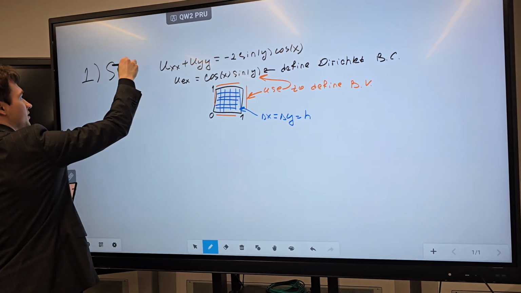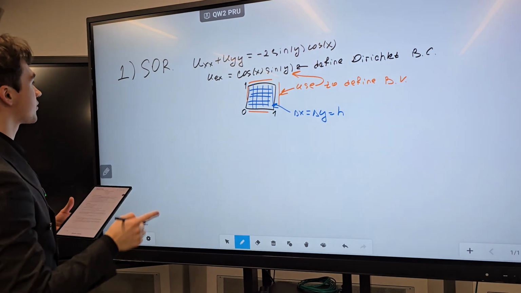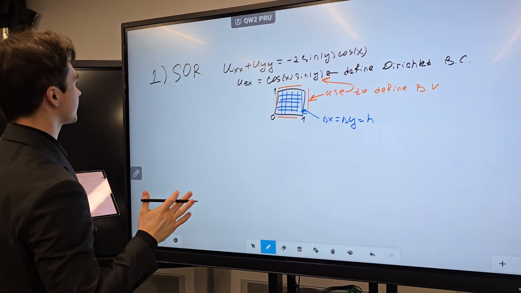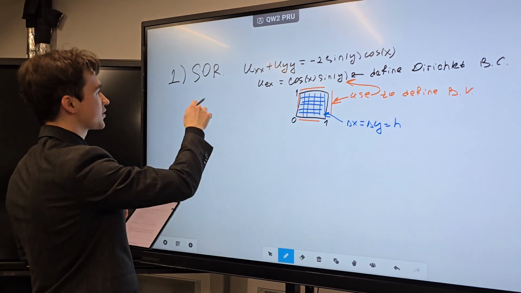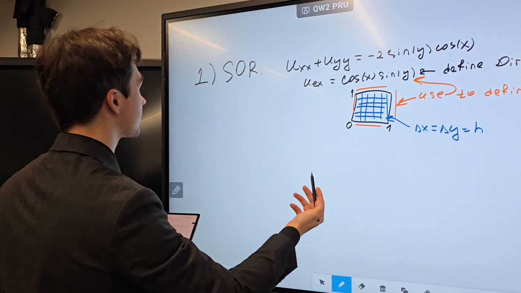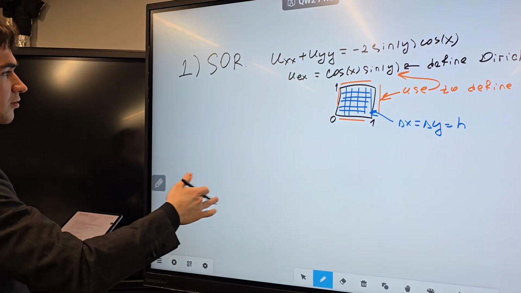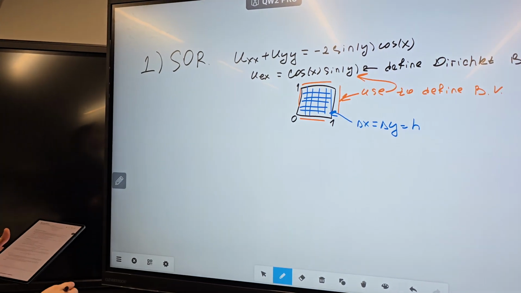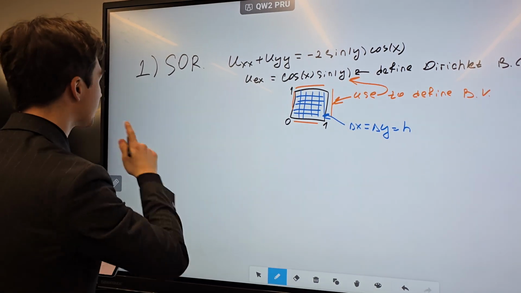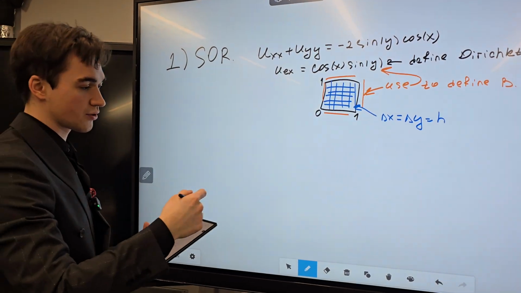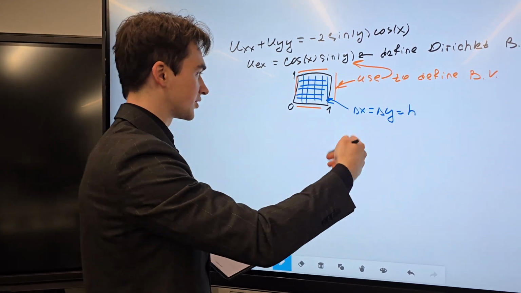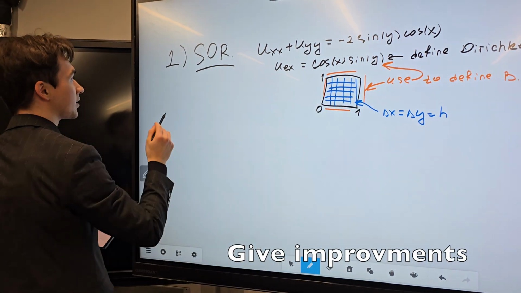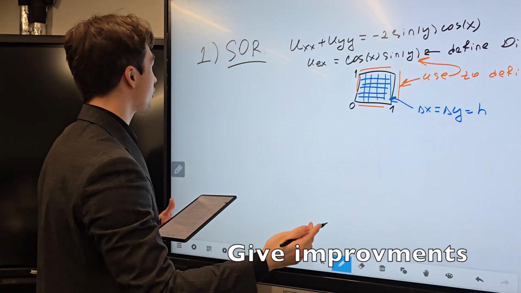Actually, the SOR method is quite obvious. It's not logical to use the Jacobi method with SOR because Jacobi doesn't update its values while it is going inside the loop. But with Gauss-Seidel, because it updates values while it runs the code, the SOR method will give you some performance gain.